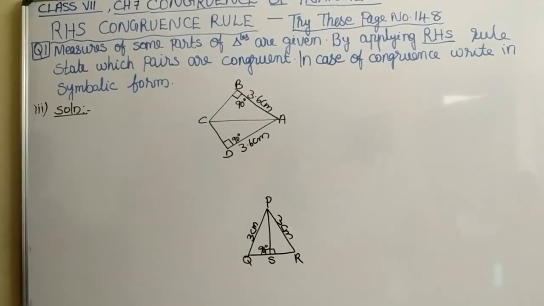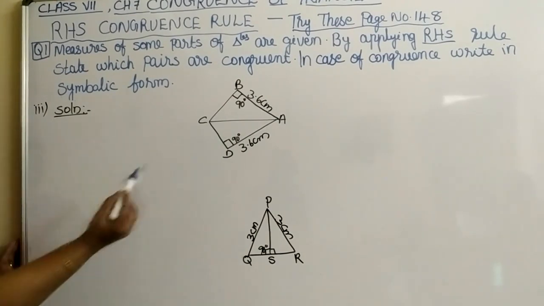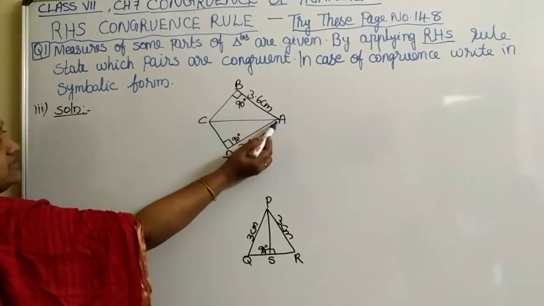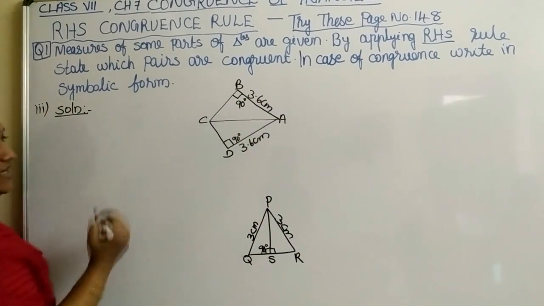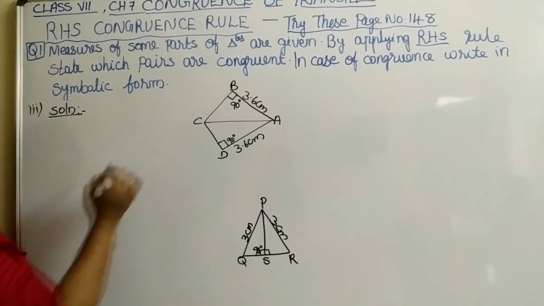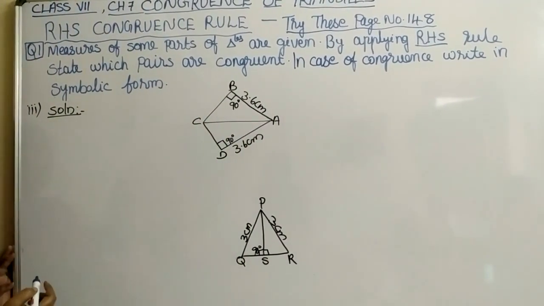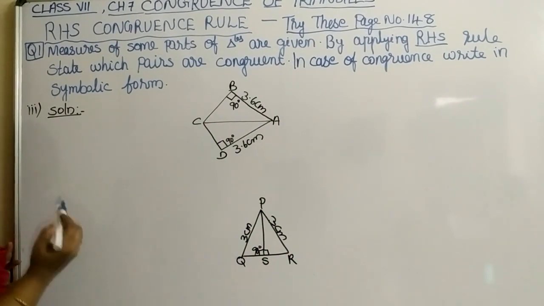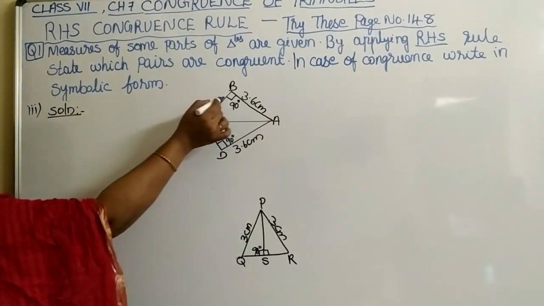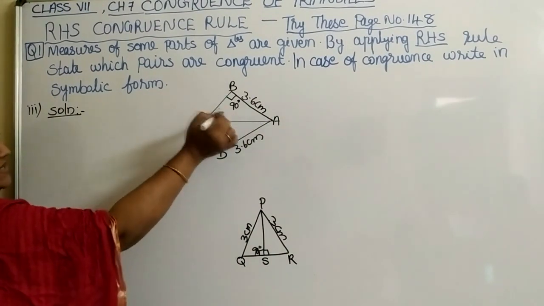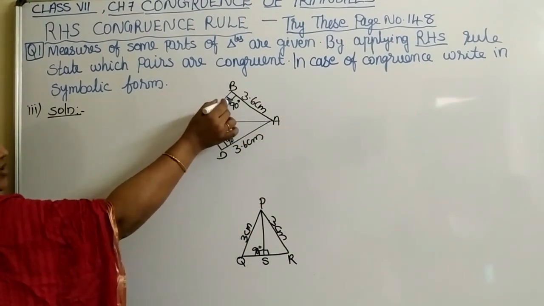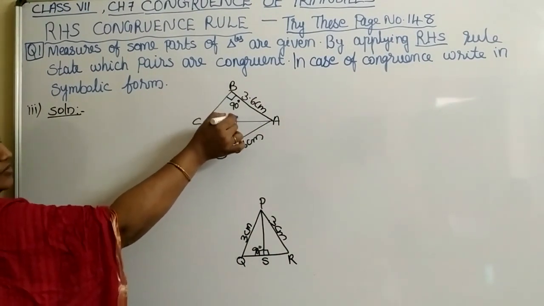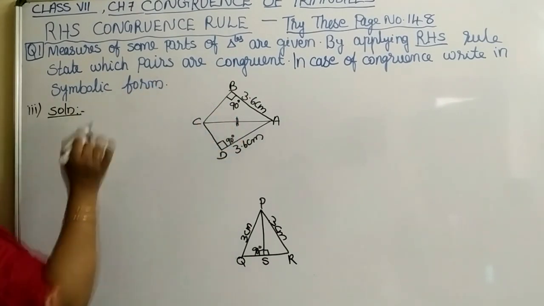Next, question number 3. Two triangles are given, triangle ABC and triangle ADC. Both are right angled triangles. So to apply RHS rule, the first condition is satisfied. Next we can find the hypotenuse. Consider triangle ABC. The opposite side of 90 degrees is the hypotenuse. So this is the hypotenuse over here.